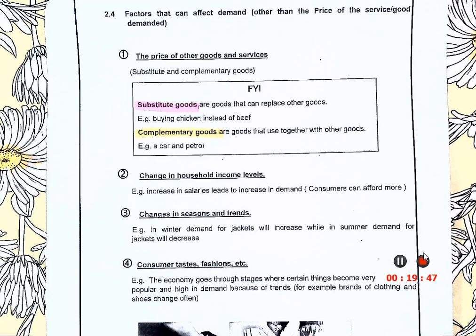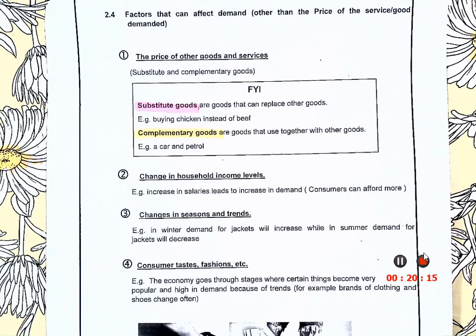But now she can afford to one day a week let you eat mutton chops. So can you see the demand for chicken is going to decrease and the demand for beef is going to increase. And not because the price stayed the same, but because of the resources available to your mom.